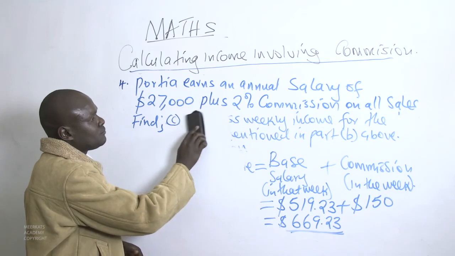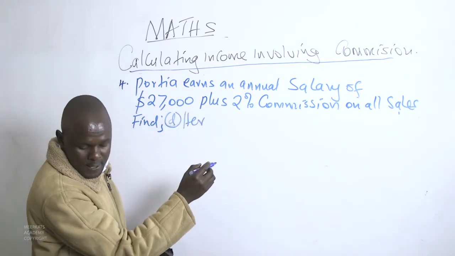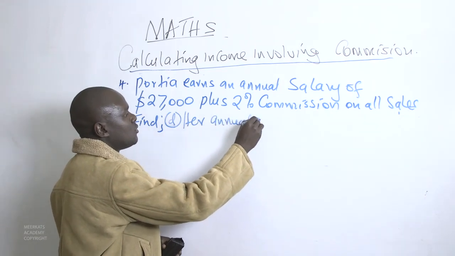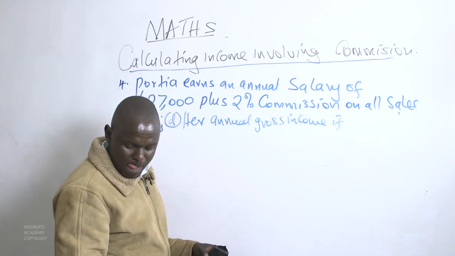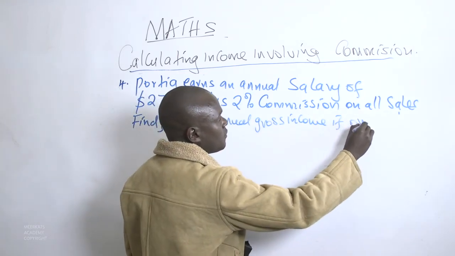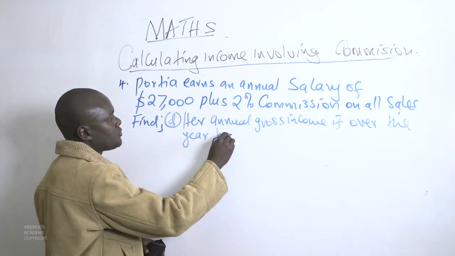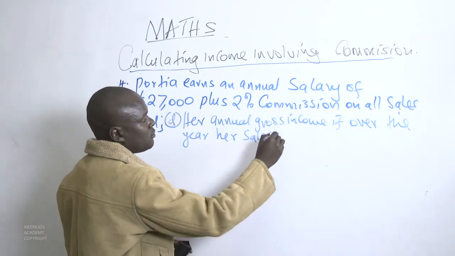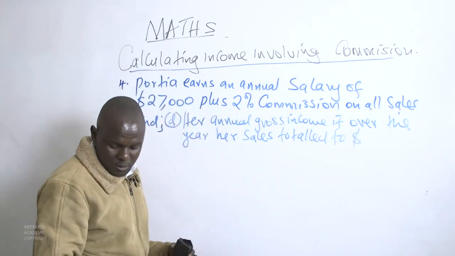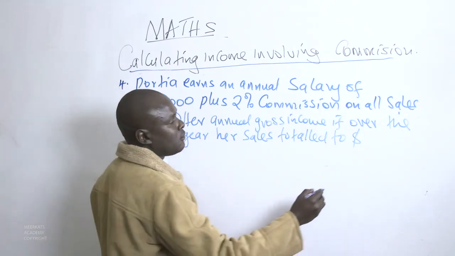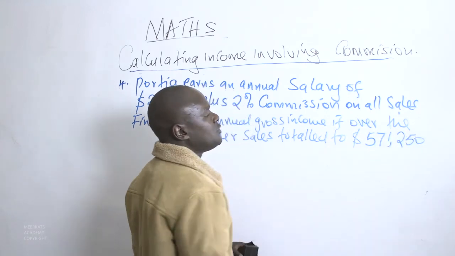And lastly, our last question. We are required to find her annual gross income if over the year her sales totaled to an amount to the tune of $571,250.